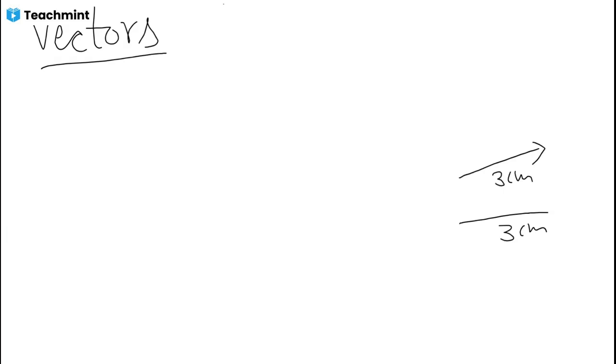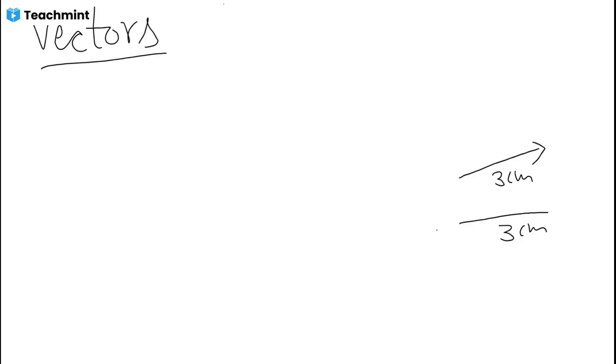So this is a scalar quantity because it doesn't have direction. Any physical quantity which has direction along with magnitude, magnitude meaning numeric value, is said to be a vector.